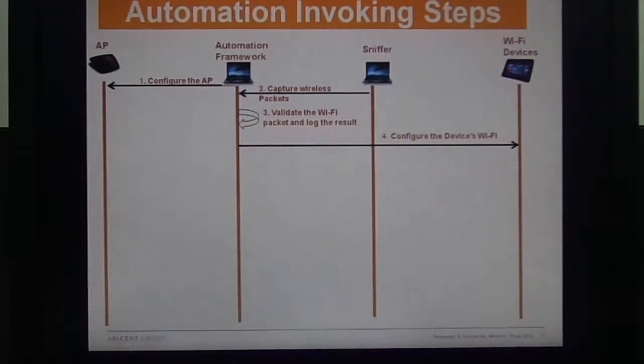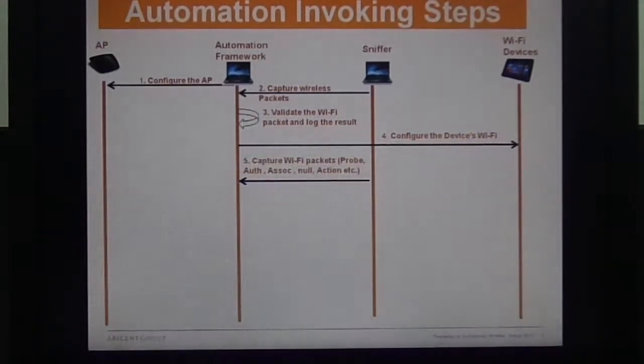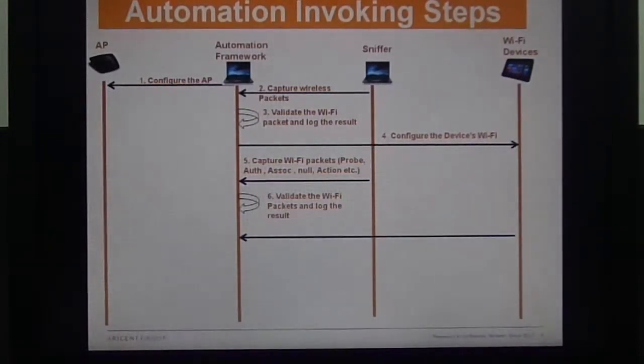After that the automation framework will trigger the device side configuration, and in the Windows device the Wi-Fi settings get configured. After that we will fetch the remaining wireless packets like the probe packet, authentication packet, and association packet, etc. Then we will validate the parameters inside those packets, and based on the validation we will log the result.